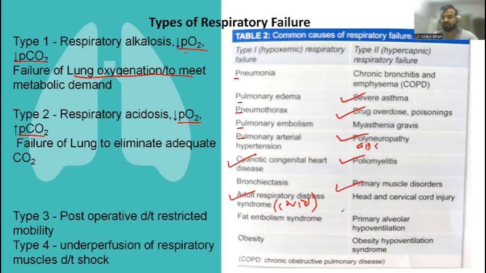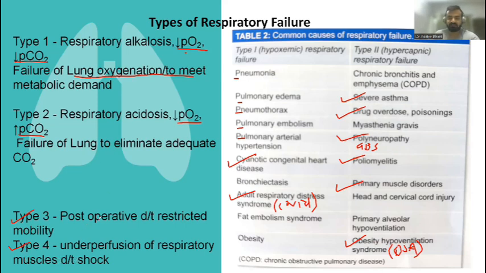Then muscle disorders or spinal damage, even in accidents, where the innervation of the respiratory muscles is involved. And obesity hypoventilation syndrome, which we know as Pickwickian syndrome, or obstructive sleep apnea.